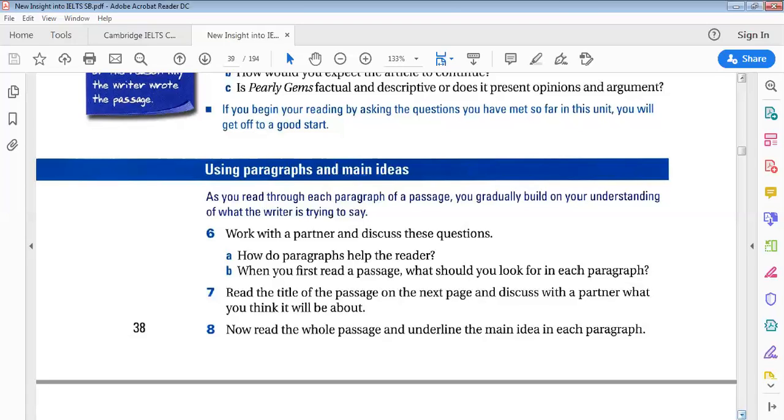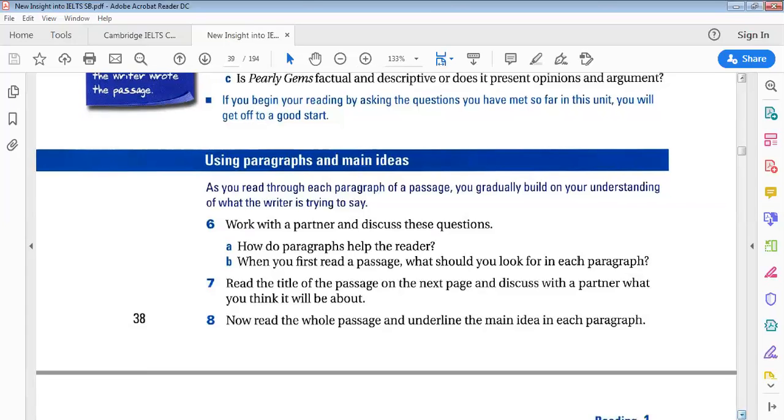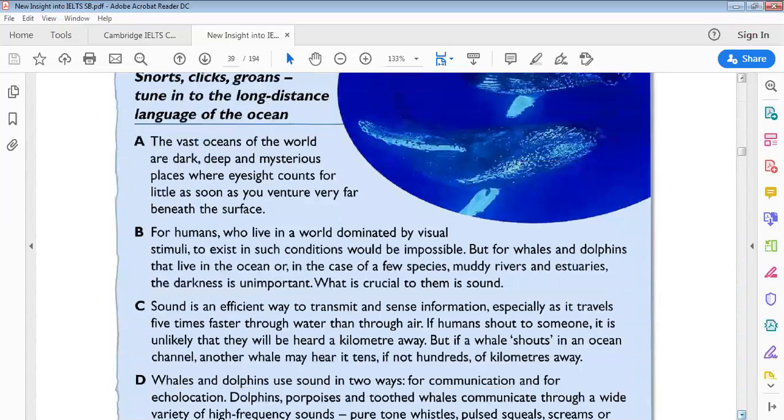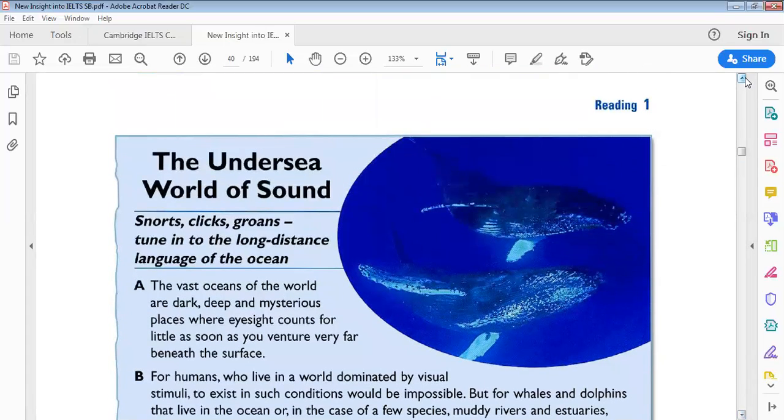This is the partner: what you think it will be about. Now read the whole passage, underline the main idea in each paragraph. Okay, first I have to read the title and discuss with the partner what you think it will be about. So the title is The Undersea World of Sound. Snorts, clicks, prawns tuning in to the long distance language of the ocean.